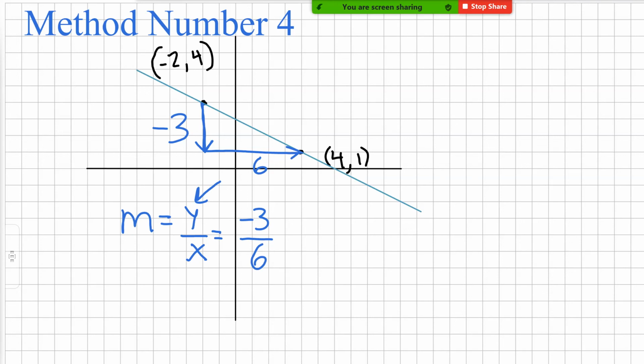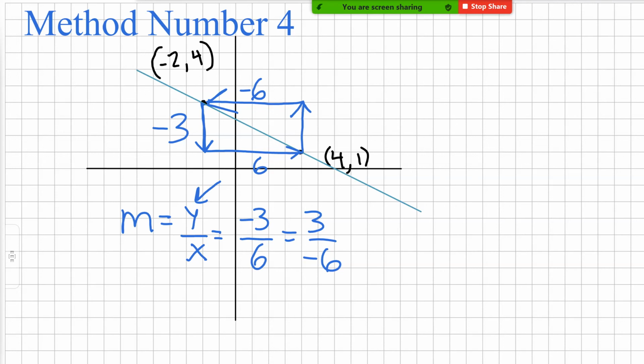Now, I want you to notice if I drew a different triangle. What if I drew that one? Well, let me count for you. If I go up 3, that's a positive number. Notice if I go to the left, 6, that is a negative number. Notice it does not matter which point you start at.